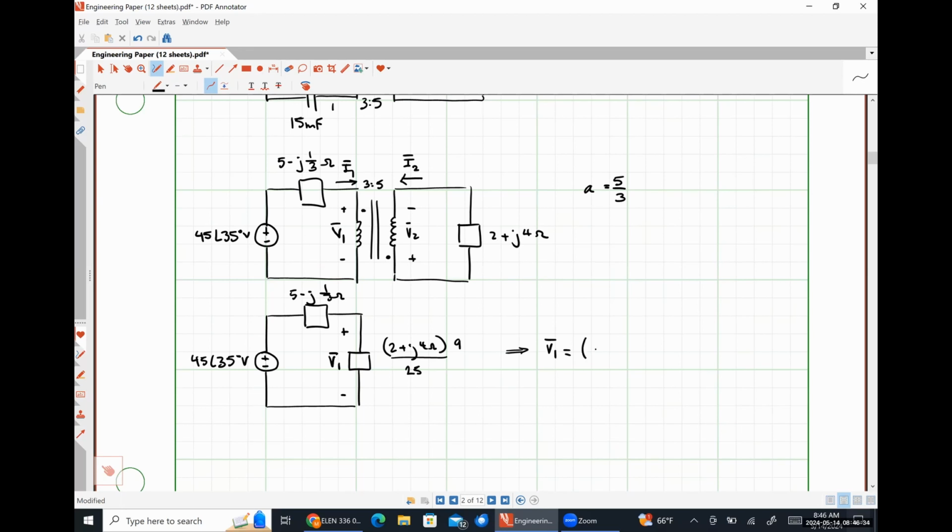So 45 angle 35 in our numerator, we're going to have 9/25 of 2 plus j4. In our denominator, we're going to have 5 minus j 1/3 plus 9/25 of 2 plus j4 ohms. And let's throw this in a calculator and see what shakes out.